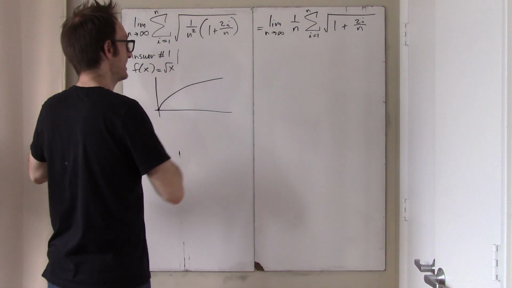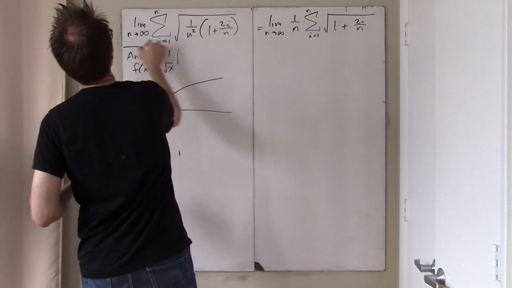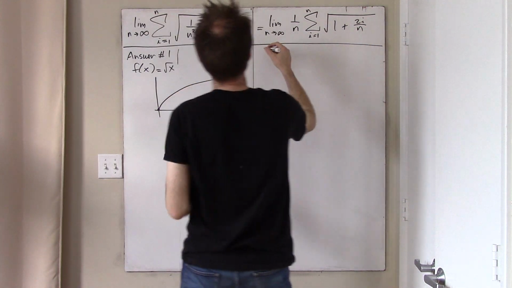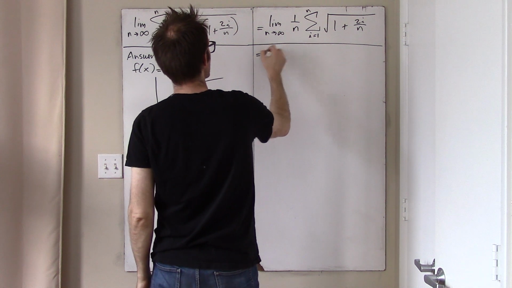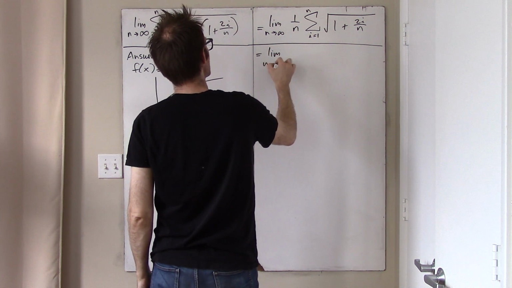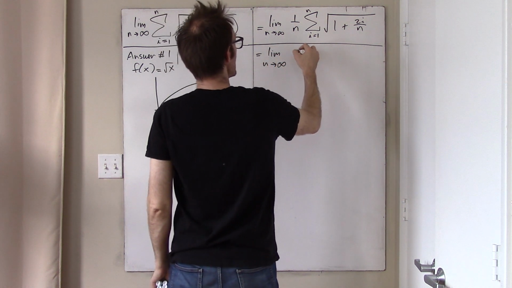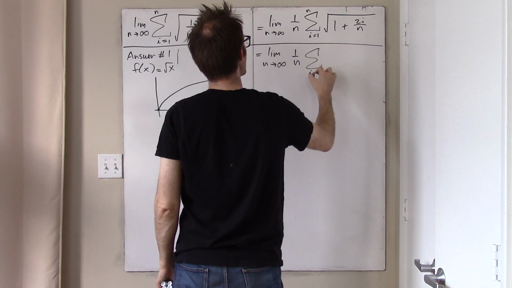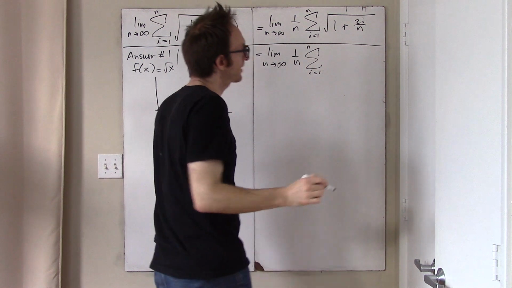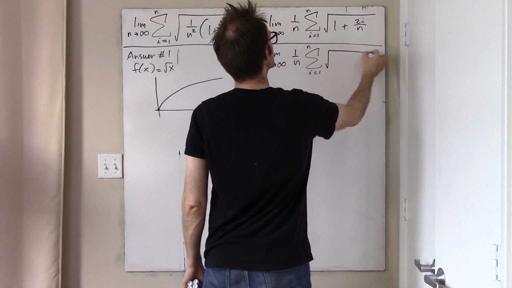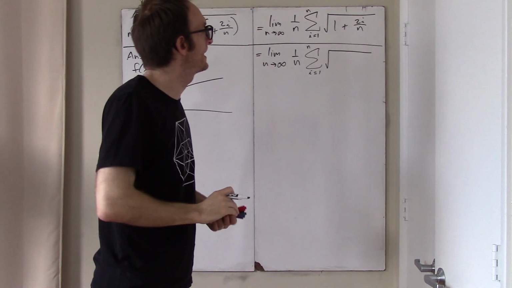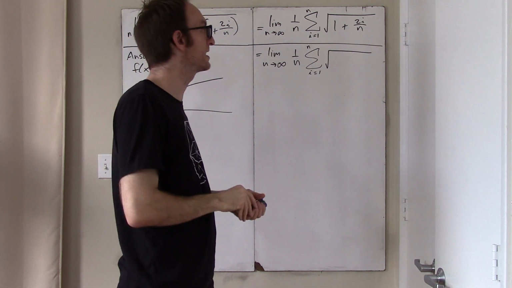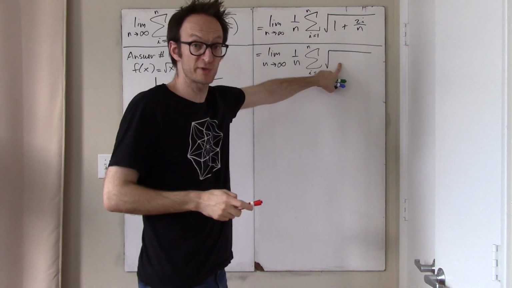Let me draw a line here, and let me rewrite this slightly as the limit as n goes to infinity of 1 over n times the sum from i equals 1 to n. Now I'm going to explicitly, in a new color like red, write what is the input to the square root function.